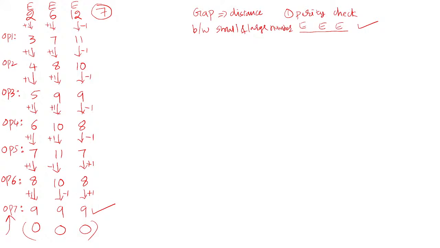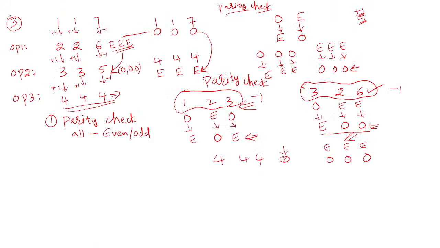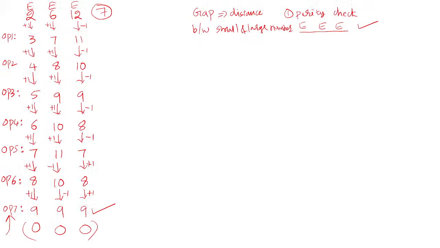Here, if we take the previous example, I'll take the 1, 1, 7 example and we will see here. In the first operation, we are incrementing this by 1, incrementing this by 1, then decrementing this by 1, so that it becomes a 6 and a 6.